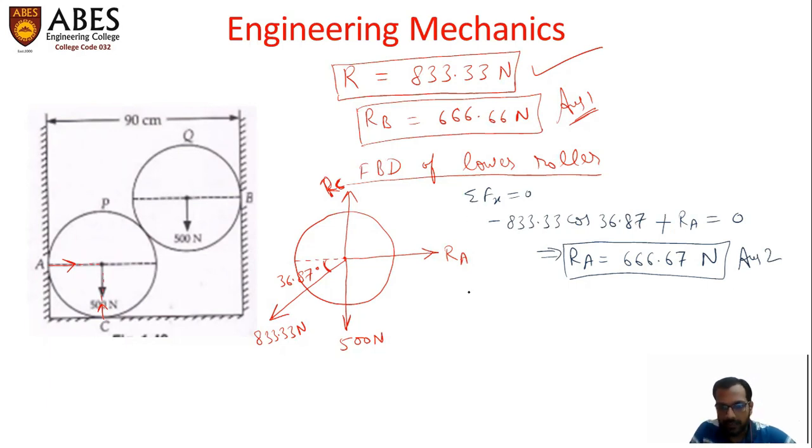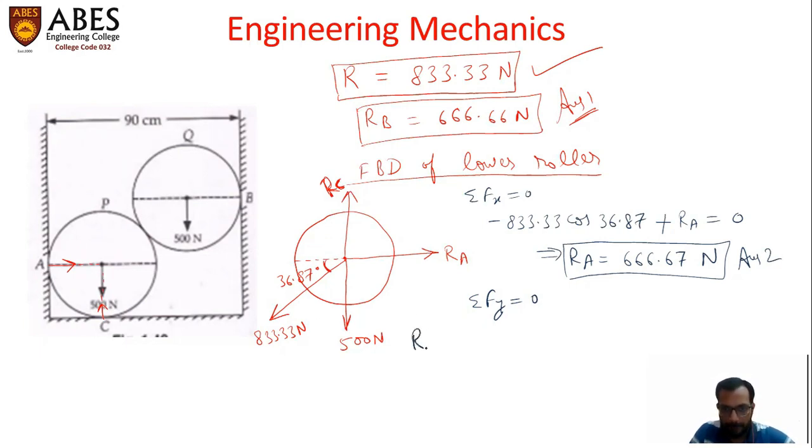Now let's write the equilibrium equation for the vertical forces. Sigma Fy equals 0. RC, which is acting vertically upward, should be positive.